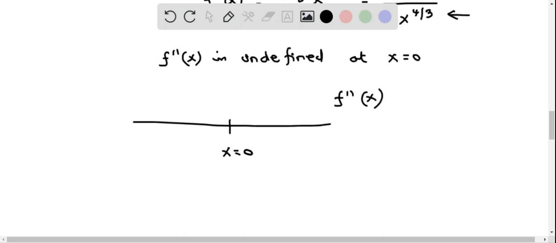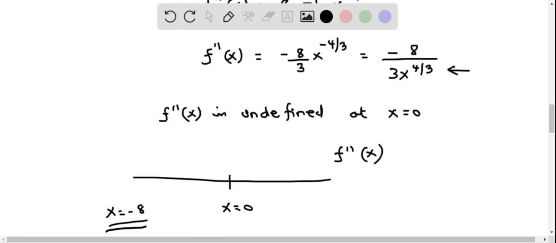Let's take some negative value. We will take x equals negative 8 and plug it into the second derivative. And when we do that, the denominator quantity is always going to be positive, because we have negative 8 divided by 3 times negative 8 raised to the power of 4/3, which we can write as the cube root of negative 8 raised to the power of 4.